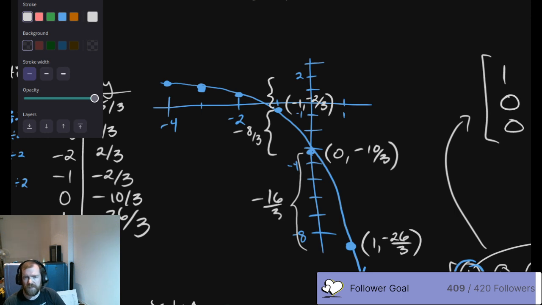But this is going down 16/3. Okay, it was going down 8/3. Now it's going down 16/3. Great, we've just doubled the distance. So therefore, we know that we can go a negative 8/3 up as well and find out where that other point is. So if we take negative 2/3 and add 8/3 to it, we're going to get to positive 6/3 or 2.